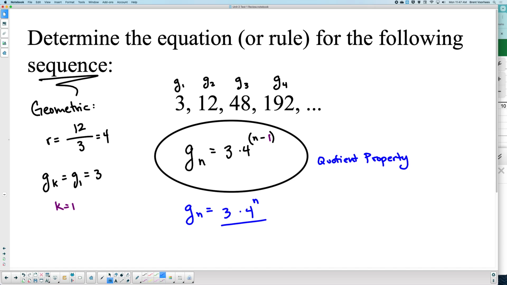Sorry. 4 to the first is just 4. You could finally rewrite it as 3/4 times 4 to the power of n. You could write your equation that way if you wanted to, or like that if you desired.